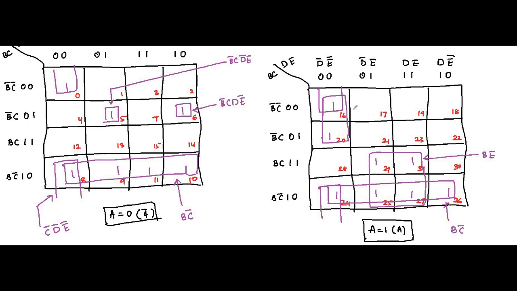Now for this pair here, this 16, 20 pair, it is B bar on the horizontal side, D bar E bar on the vertical side. And for this pair 16, 24, it is C bar on the horizontal side and D bar E bar on the vertical side.